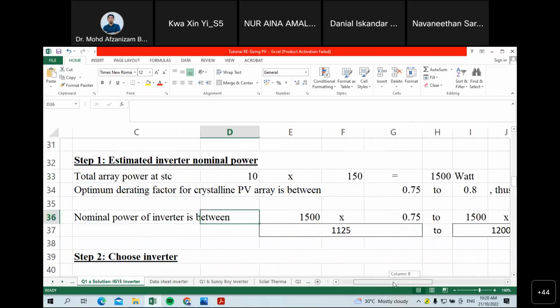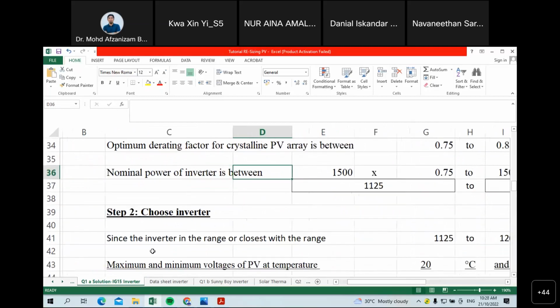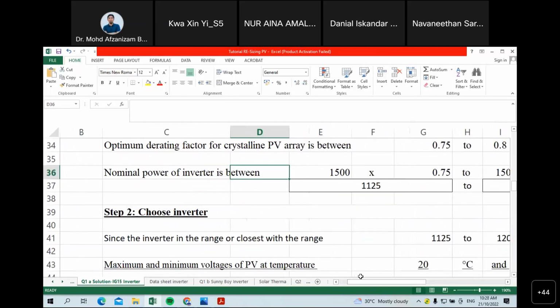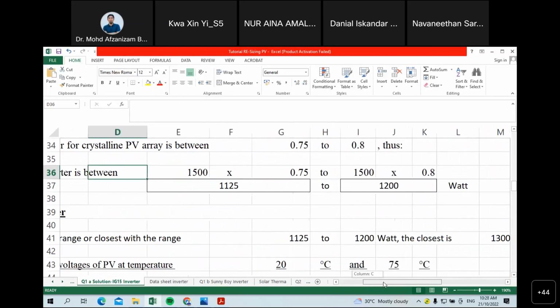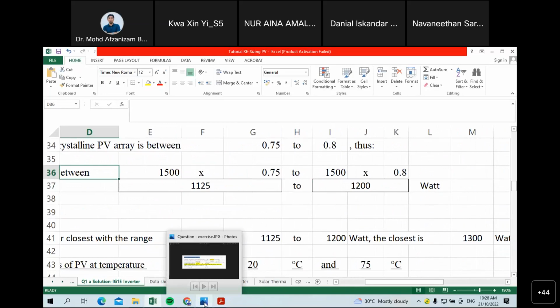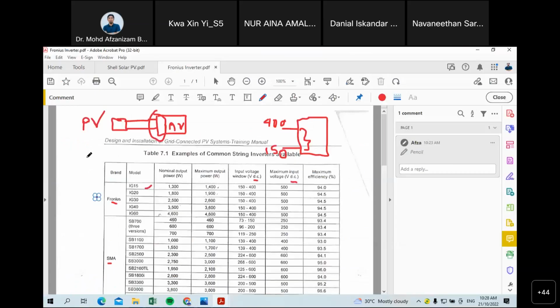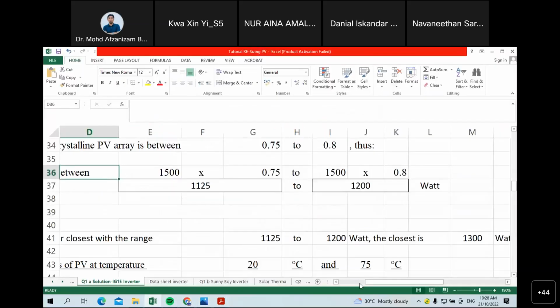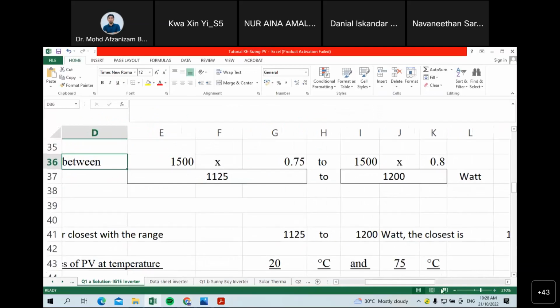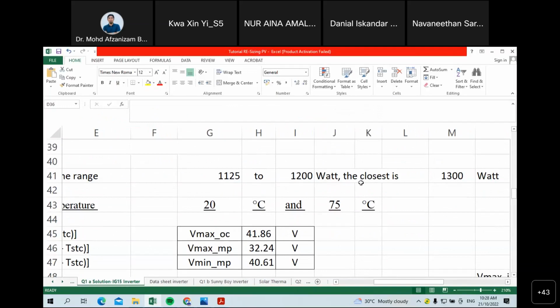And how to choose the inverter? We look for the inverter closest to the range of 1125 to 1200. The closest is the 1300, which is based on this data sheet.